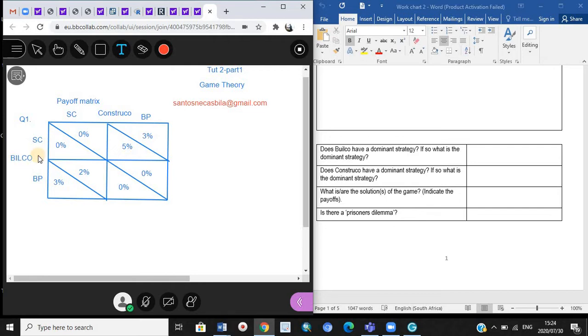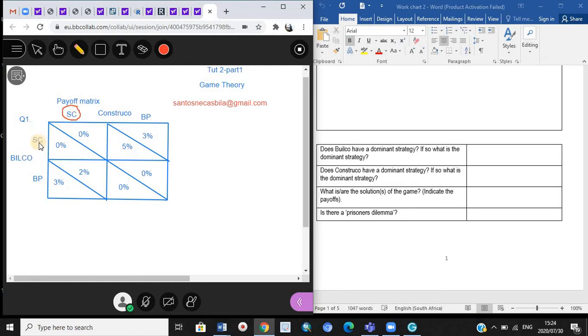First of all, if Construco chooses small centers, sorry, I'm just going to use the pencil. If Construco chooses small centers, what is the best strategy for Bilco?